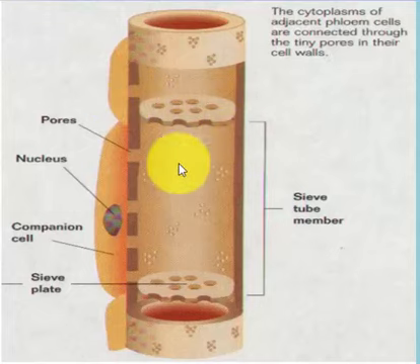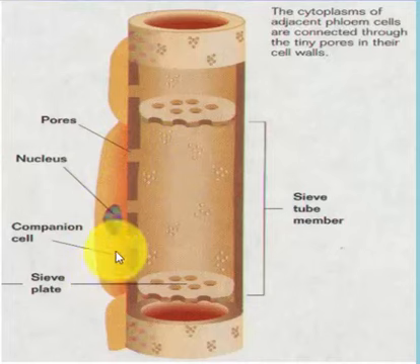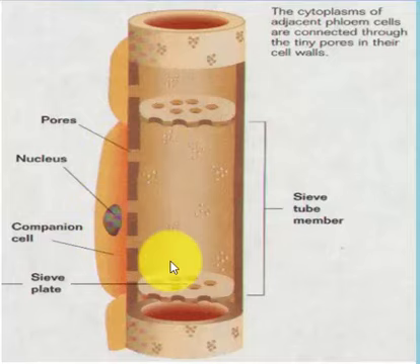Sieve tube elements have no nuclei. They have plates at both ends that are perforated with holes. Each sieve tube element has an associated companion cell that has a nucleus and carries out functions to maintain both cells.